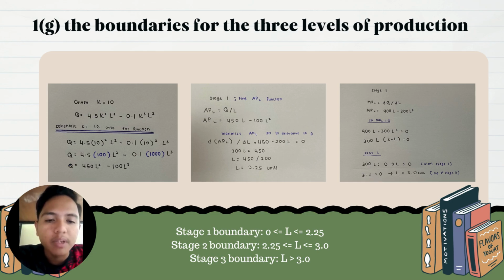To find the maximum capacity where the MPL equals 0, we set 900L minus 300L squared equal to 0 and factor out the common terms to get 300L(3 minus L) equals 0. This gives us two roots, where 300L equal to 0 leads to L equal to 0, for the start of stage 1, and 3 minus L equal to 0 leads to L equal to 3.0 units, which marks the end of stage 2 and the boundary for stage 3.